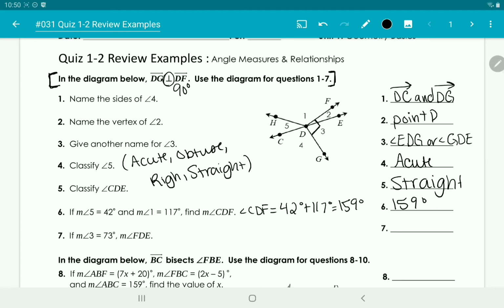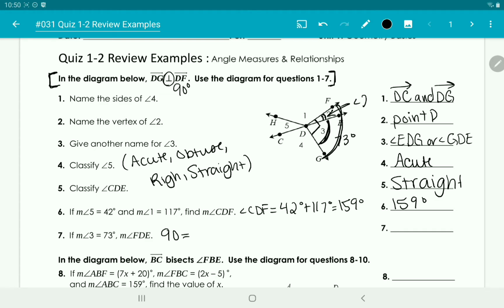Then if we look at number 7, if the measure of angle 3, so this one right here, is 73 degrees, what is the measure of angle FDE? So we're looking for this angle right here. We know that FDG is this 90 degrees, and it's equal to these two added together because this angle is made up of the angle that we're looking for.